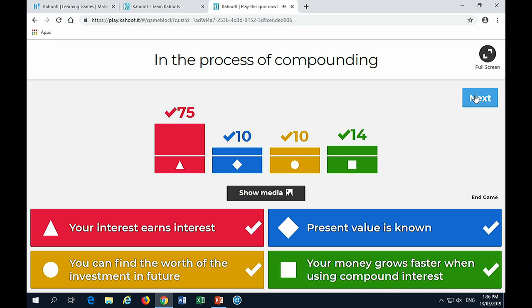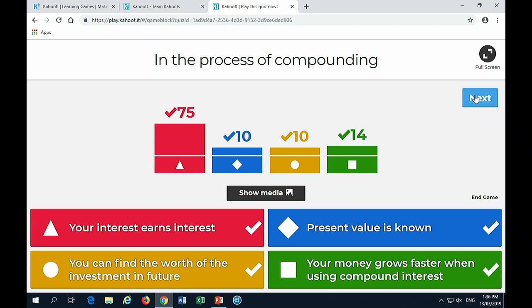So let's think about this question. When you're compounding something, does your money earn interest on interest? Tick, it does. You have an ability to earn interest on interest.